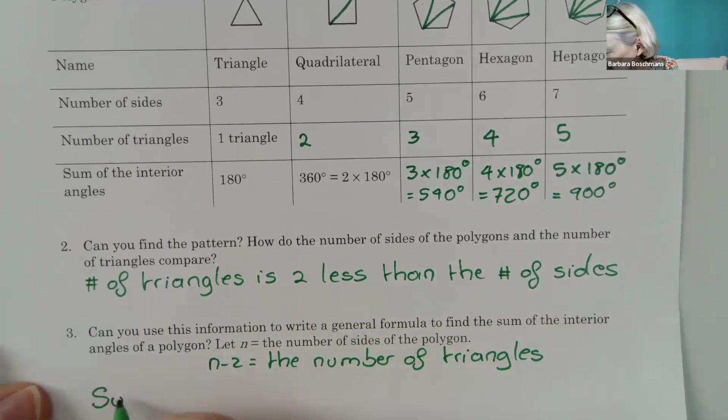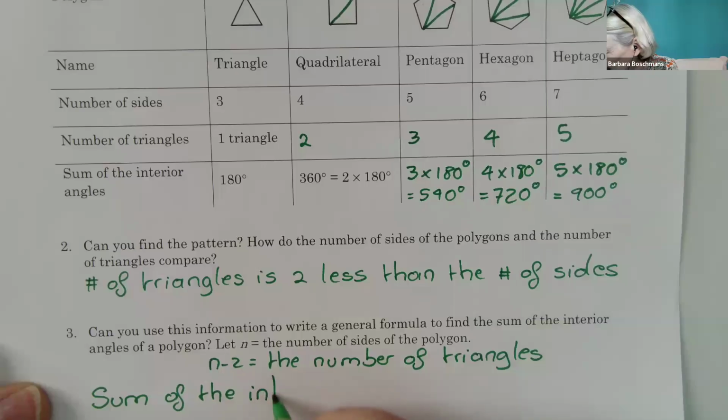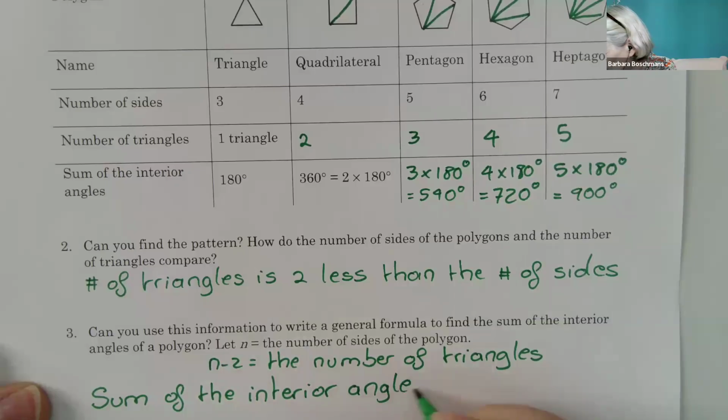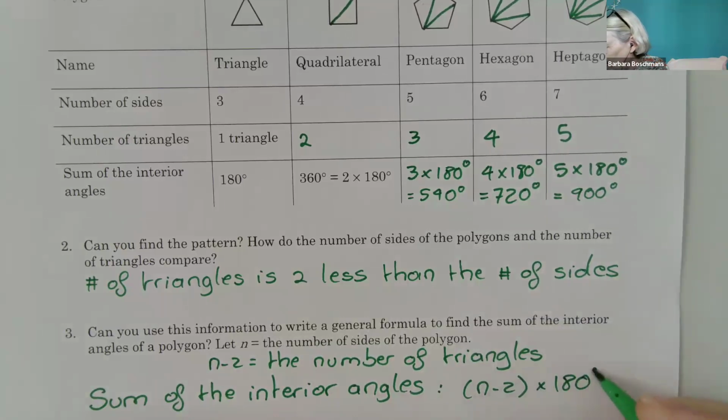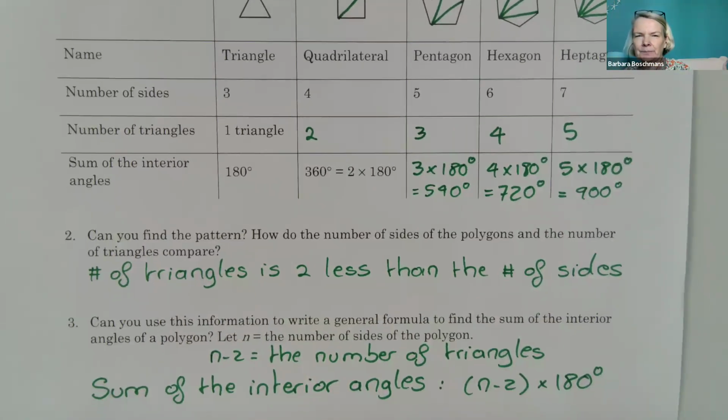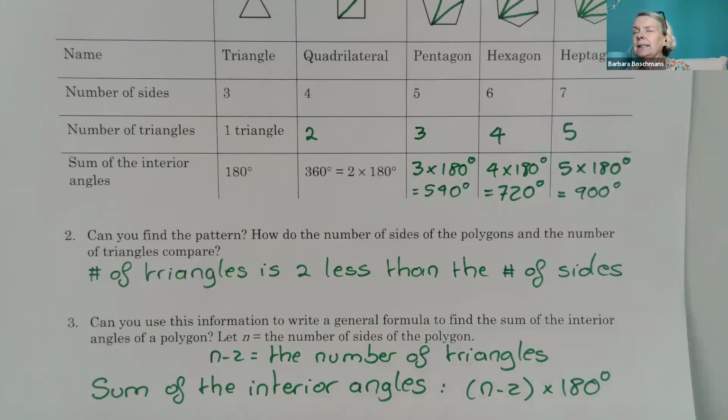So the sum of the interior angles would then be n minus 2 times 180 degrees. It's the number of triangles times 180 degrees because each triangle, the interior angles will add up to 180 degrees.